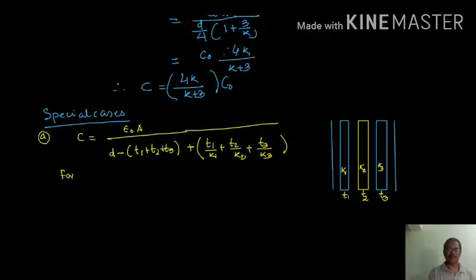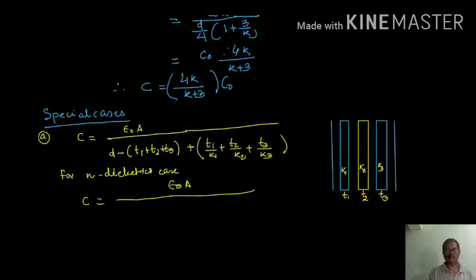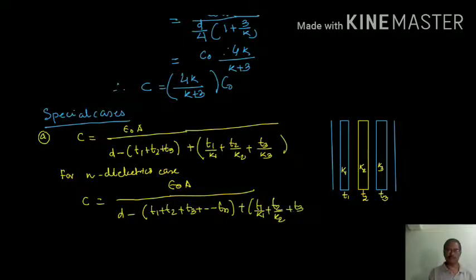So for the n dielectrics case, C equal to epsilon 0 A by (d minus (t1 plus t2 plus t3 up to tn) plus t1 by K1 plus t2 by K2 plus t3 by K3 plus up to tn by Kn).